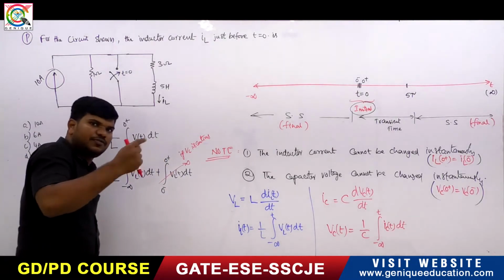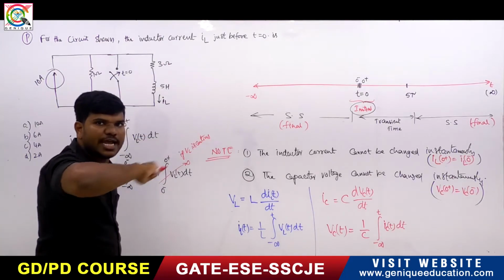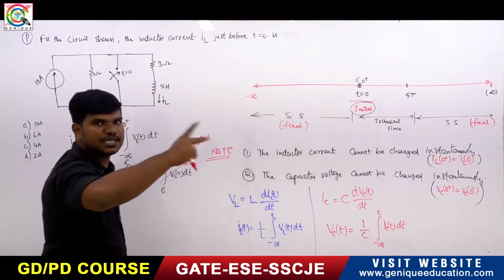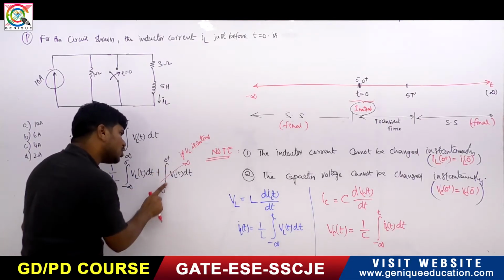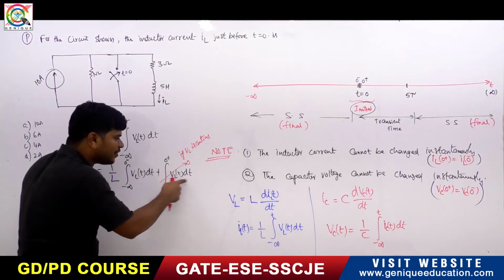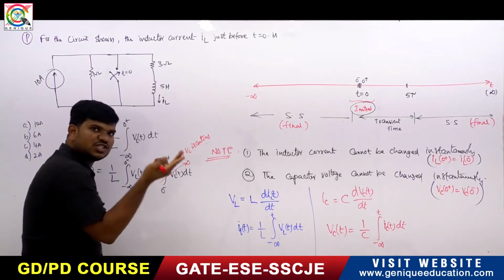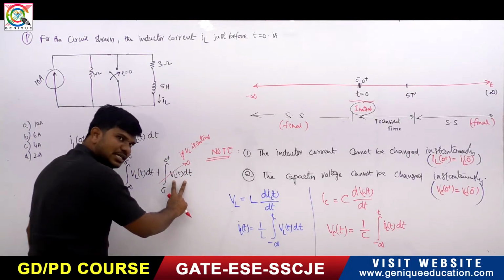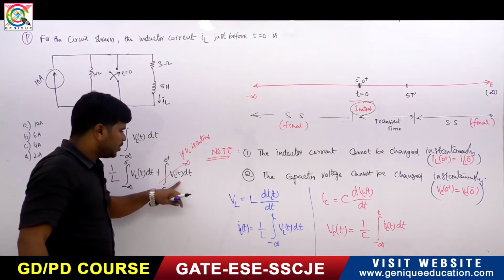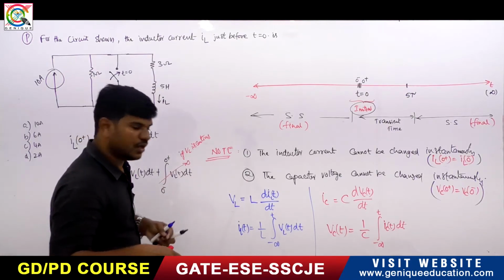That means if there is no abrupt change in the voltage between 0 minus and 0 plus, the difference between these two is 0 only. If you integrate this and put in the limits 0 minus and 0 plus, you will have 0.